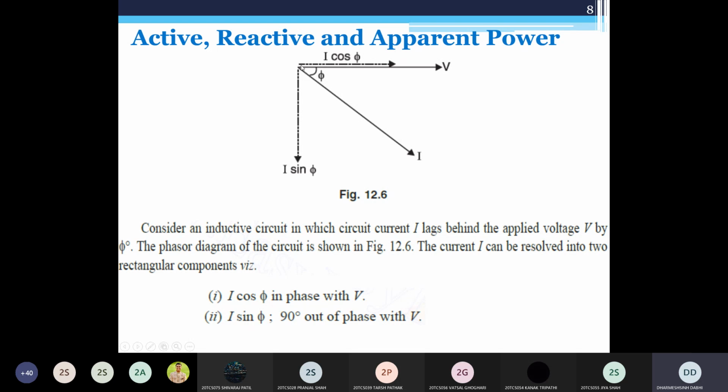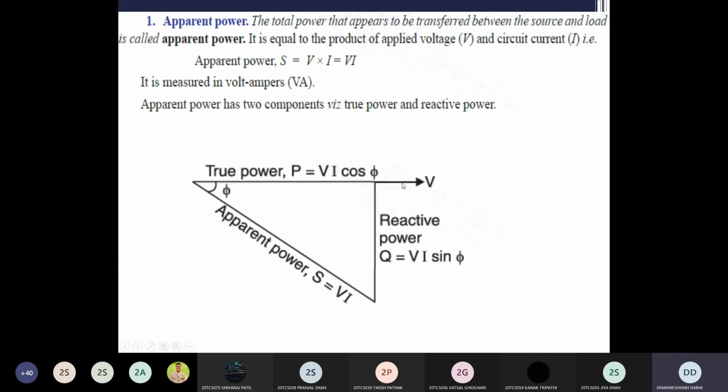If you draw a vertical line here and multiply with V, that is VI sin phi, which is nothing but the reactive power of this circuit.